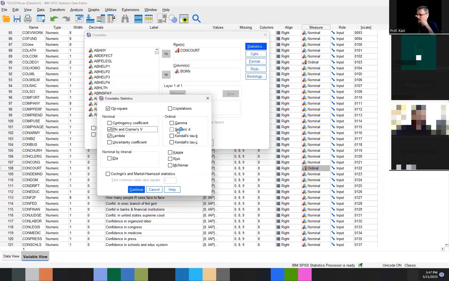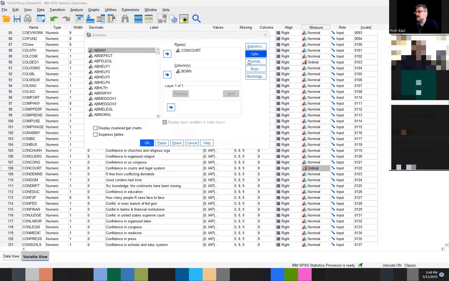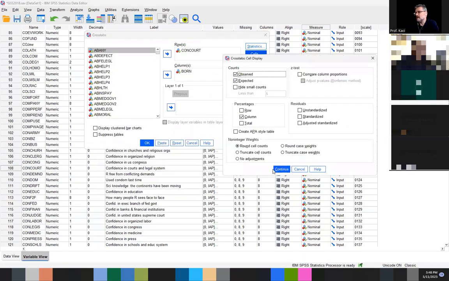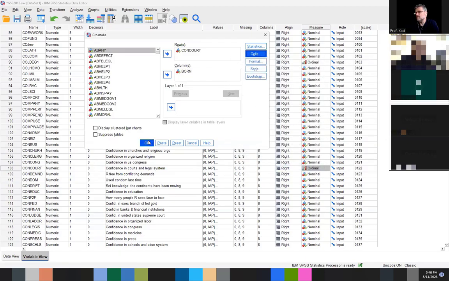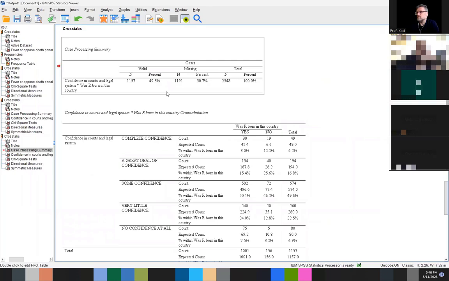When both are ordinal. We're going to continue with chi-square, phi and Kramer's V, lambda. Let's do continue. Cells expected in column, continue, click OK, and that's what we have.